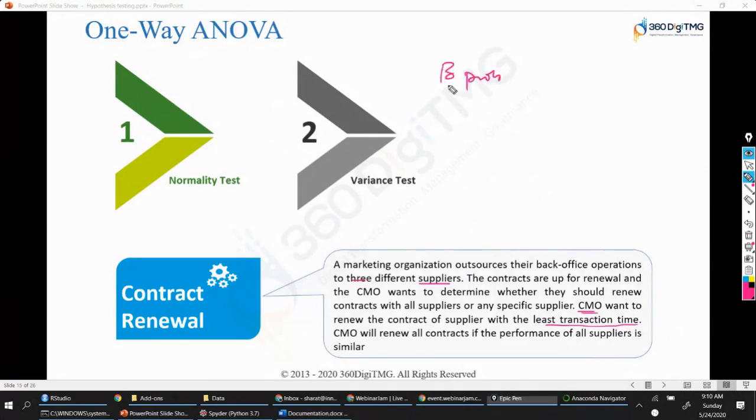So the business problem is: which supplier's contract should be renewed? Contract renewal. That's the business problem. I'm just writing the keywords there, not the entire statement.